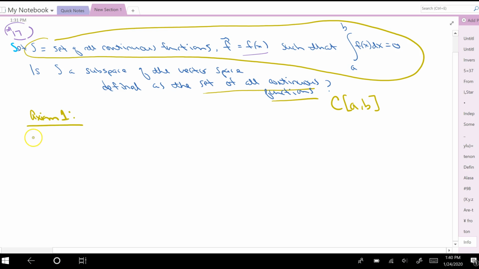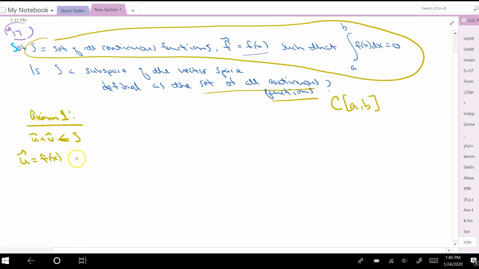Axiom 1 says that u plus v has to be an element of S. If I have any arbitrary member of S, which we call u, and another arbitrary member that we call v, and I add them together, will I have an output that is within that set? Here, u and v are actually functions.